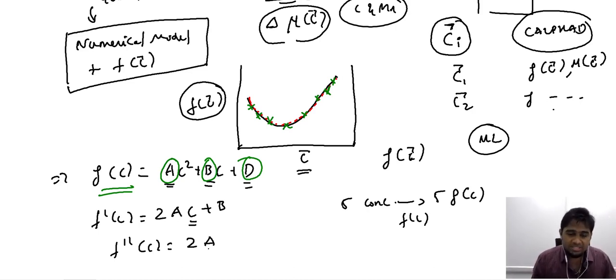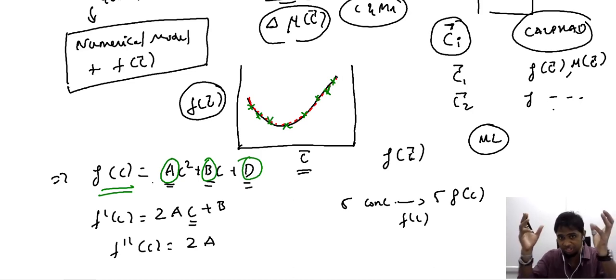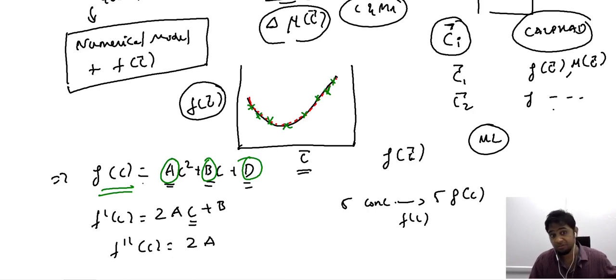So we assume that from the nature of the curve, this curve can be accurately represented by this function. We took the first derivative of it, and one of the coefficients vanished. We took the second derivative of it, the second coefficient also vanished, and all we are left with is one coefficient and the second derivative of this particular function that we don't know.